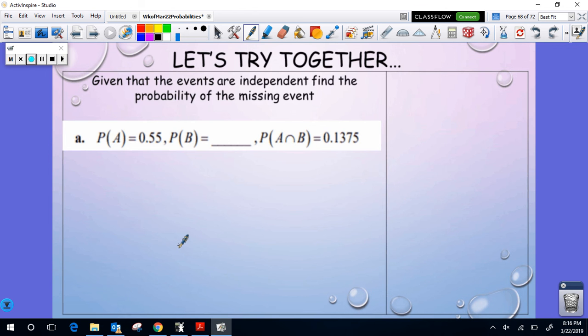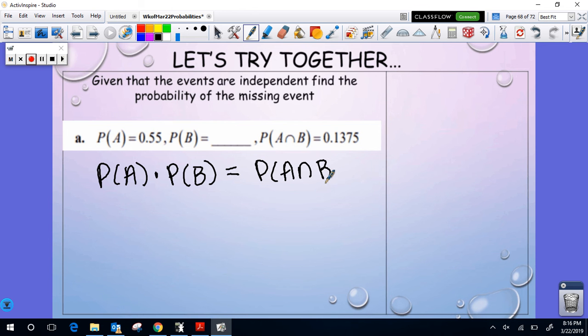It says, given that the events are independent, find the probability of the missing event. Well, my formula tells me that the probability of A times the probability of the second event should equal the probability of the two events put together, or the intersection of the two events.